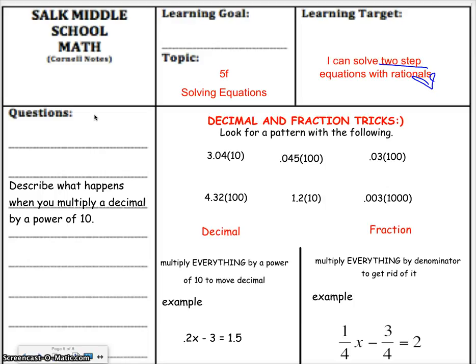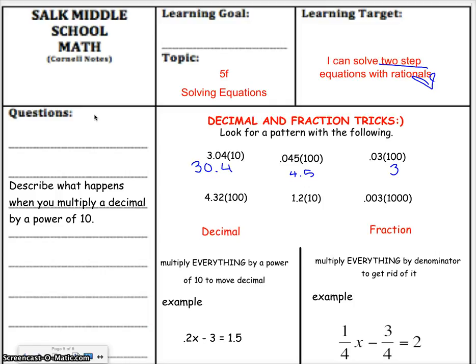I'm going to tell you that 3.04 times 10 is 30.4. Do not say anything. I'm going to tell you that 0.045 times 100 is 4.5. I'm going to tell you that 0.03 times 100 is 3.